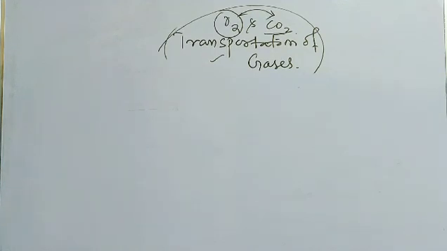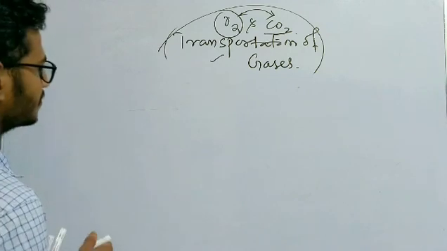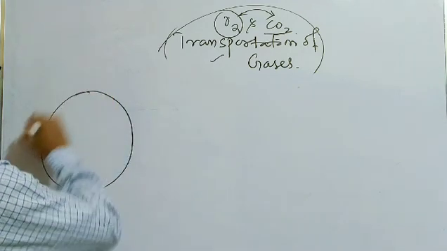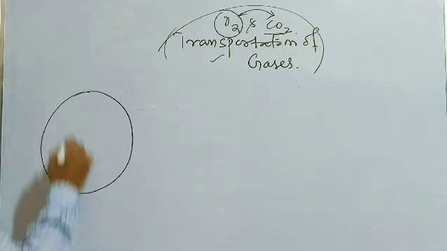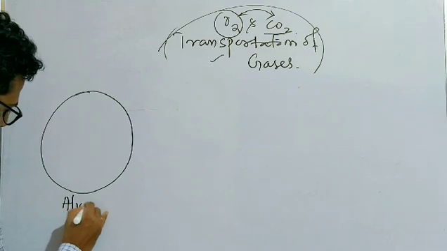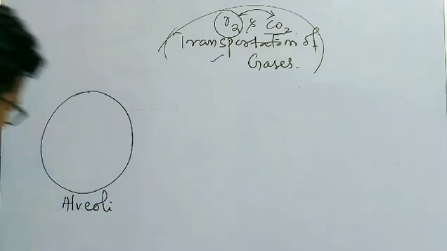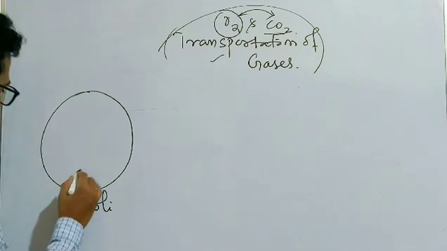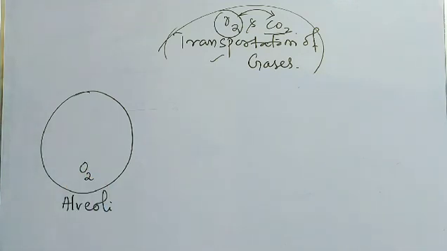So here we have the alveoli, as we are discussing about that of the external respiration. This structure is alveoli. Okay, so alveoli is rich with oxygen. It is oxygen rich.